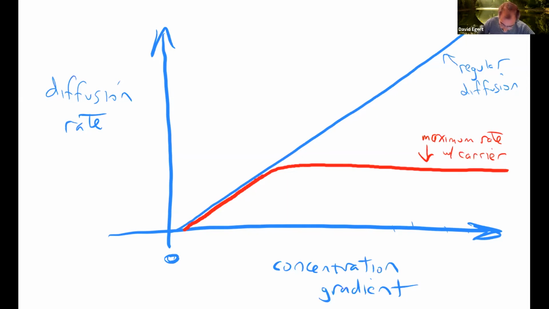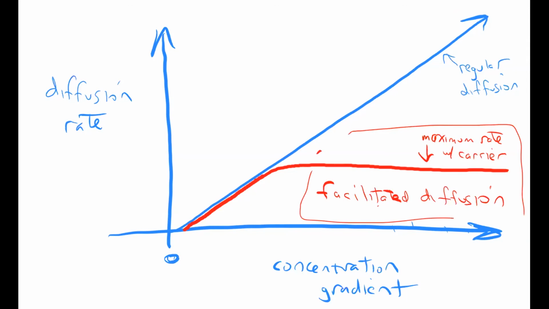So we're going to call this facilitated diffusion. So if you're using a carrier, you hit a maximum rate that things can cross the membrane using the carrier.